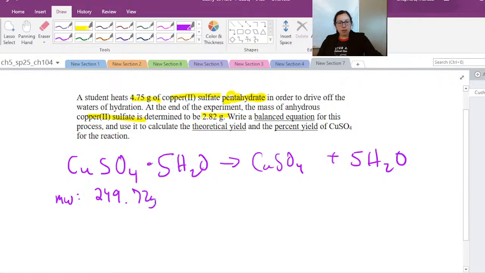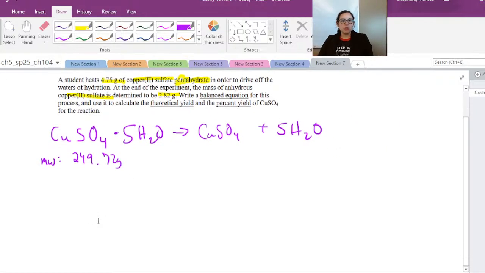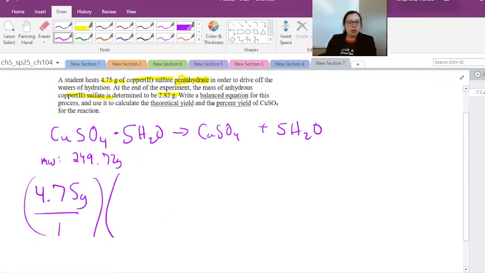All right, good. Now we can proceed. This is a regular stoichiometry problem now. We have 4.75 grams of our copper sulfate pentahydrate. Let's figure out how many moles that is. And of course, they're in a 1-to-1 mole ratio.